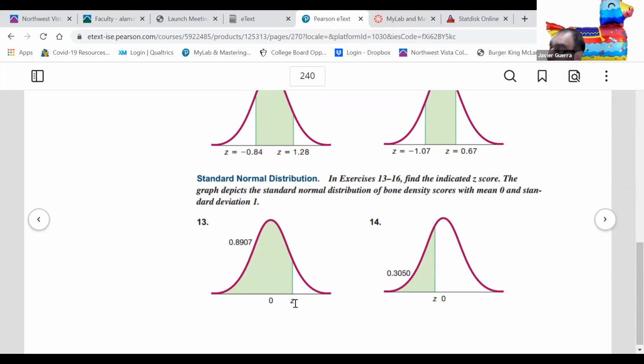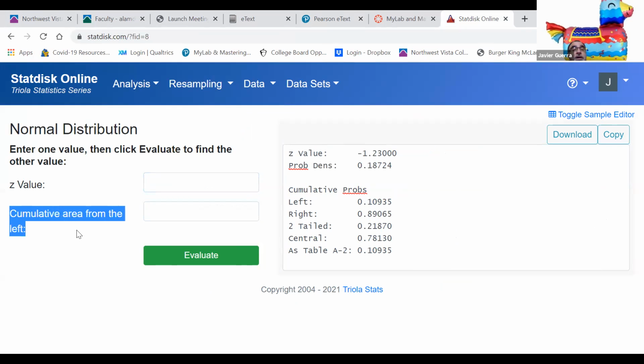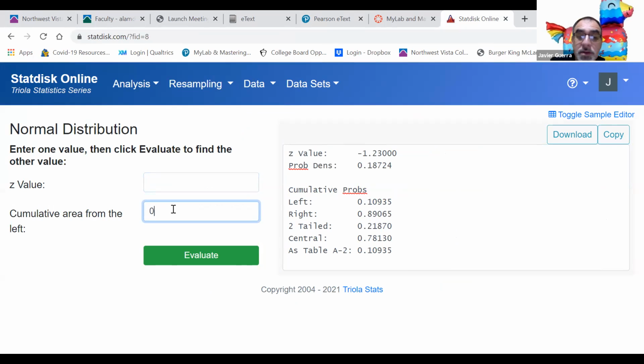0.8907. All right. So I'm going to put that number in, and I'm going to get the Z number for it. So I'm going to go to my StatDisk. I'm not going to put it on the first one though. Look, it even says it here. There are two. Look, on the second one, it says right here, cumulative area from the left, and you put that number, 0.8907.